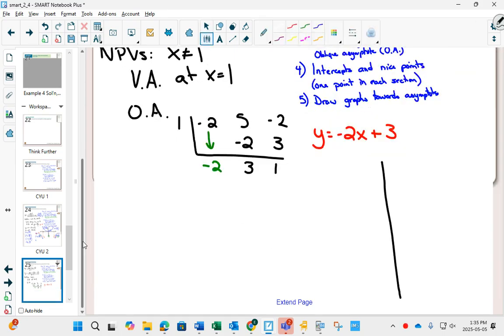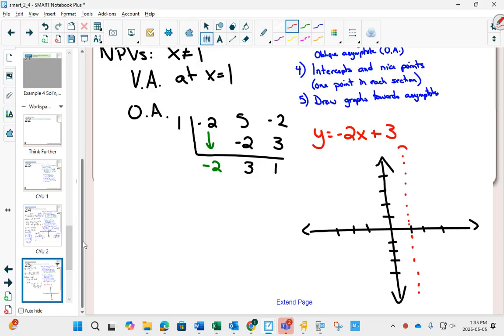So, off to the side here, vertical asymptote at x equals 1. Oblique asymptote, negative 2x plus 3.